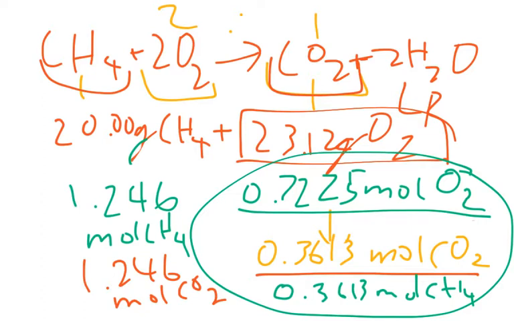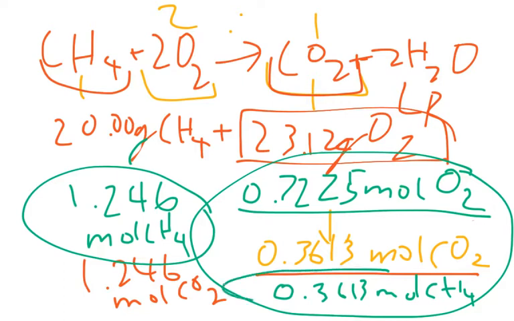So this is the full reaction, 0.7225 moles of O2 and 0.3613 moles of CH4 combined to form 0.3613 moles of CO2. So, knowing this, how many moles of CH4 are left after the reaction? Well, originally we had this, and after we consumed this much, we just subtract them to see how much there's left.